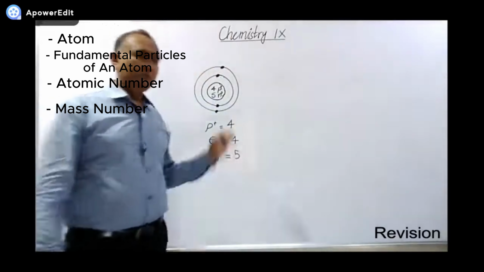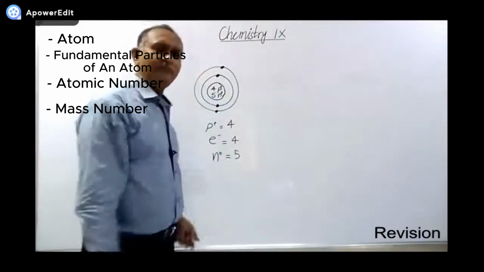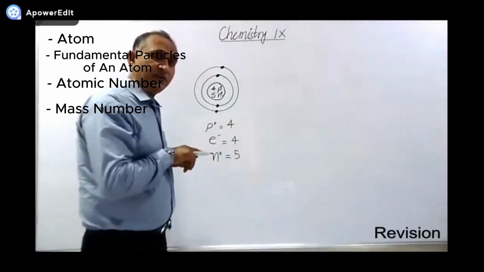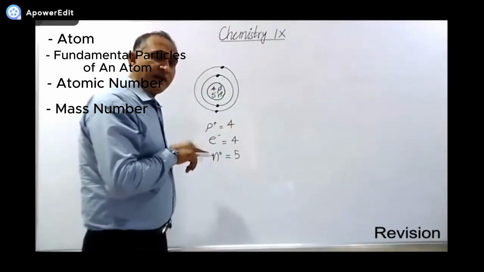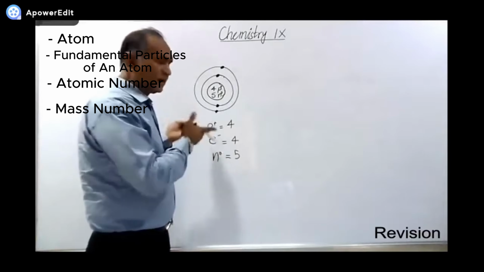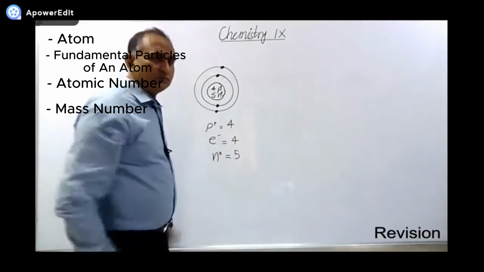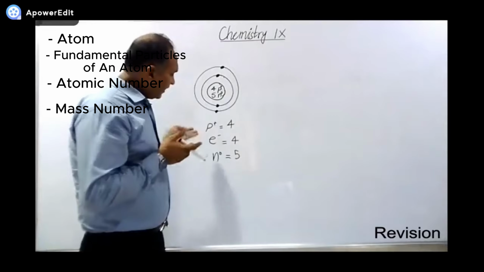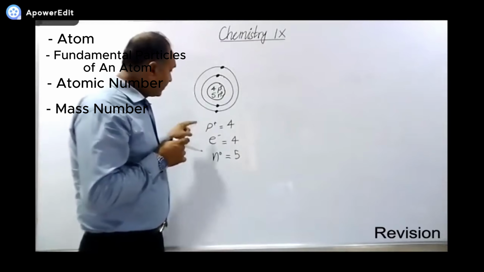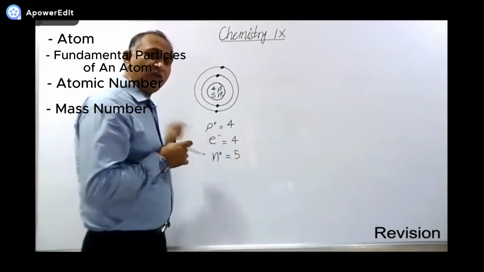What could be the name? 4 protons, if you see the periodic table, then an atom with 4 protons is called beryllium. So this is an atom of beryllium. So mathematically, what can you see here? That the protons and electrons are equal.